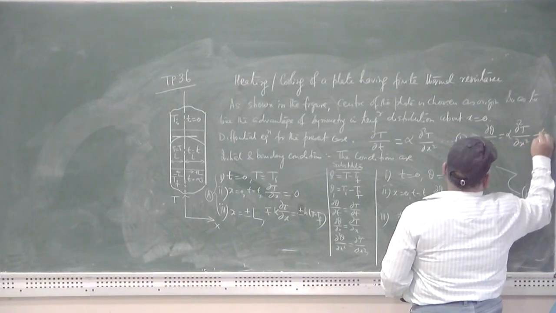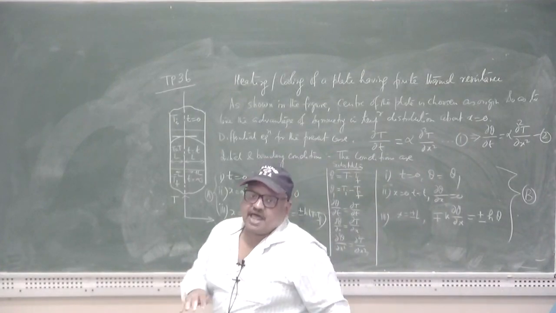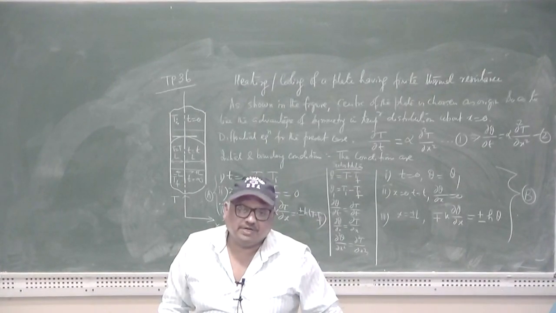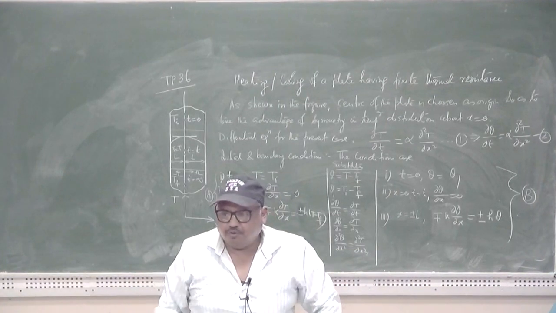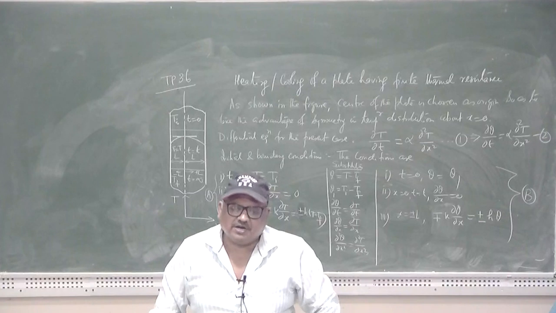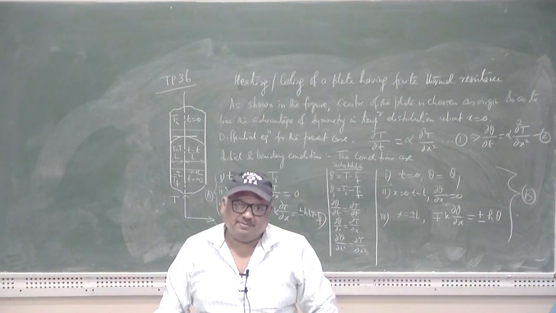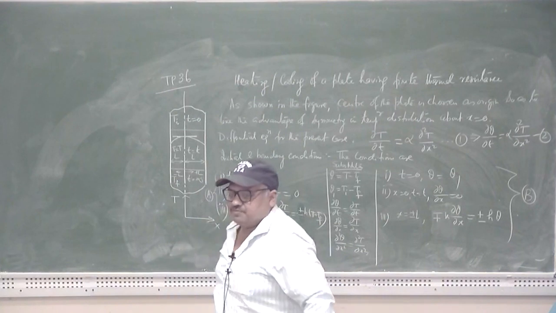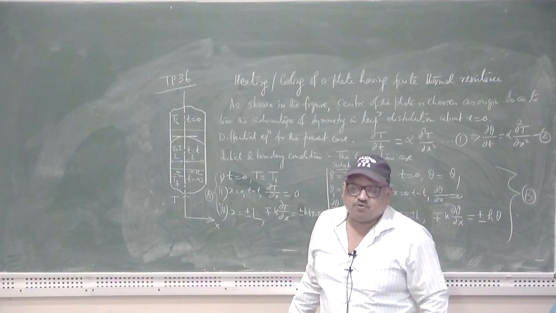Let it be equation number 2. Now, we have the last task to perform. We will solve differential equation number 2 with the help of the boundary conditions B 1, 2 and 3, in order to arrive at the temperature distribution of the plate, which is a function of space coordinate and time.